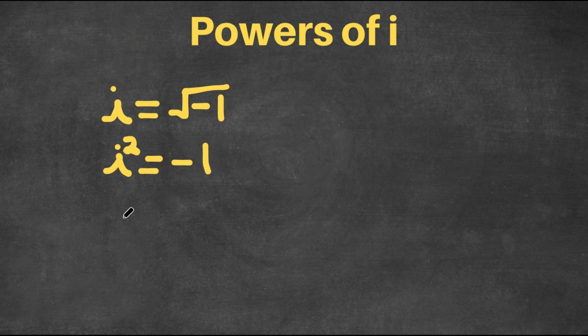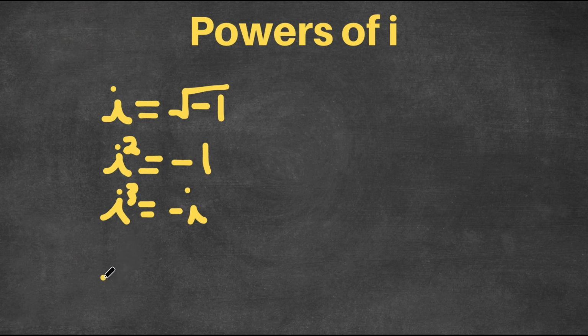And knowing these two values, we can also find out that i to the power of 3 is equal to i squared times i, -1 times i, which is -i. And we never replace i with the square root of -1 because that just makes it more complex. So never write this i as the square root of -1, just write i as it is.